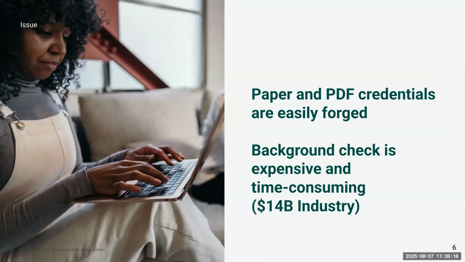And I go to Photoshop, and I can recreate, including the stamp, including the signature, exactly the same thing within 1 minute. And today, with generative AI, you can recreate those maybe even shorter and much easier. So it's difficult to find out, looking at the PDF document or paper document, whether this is authentic or not.